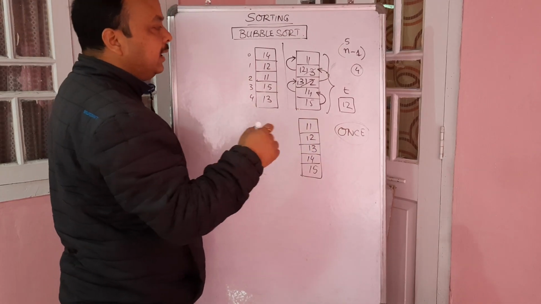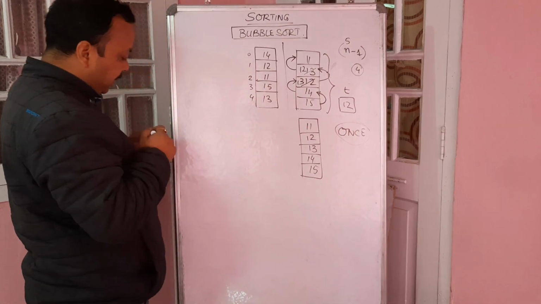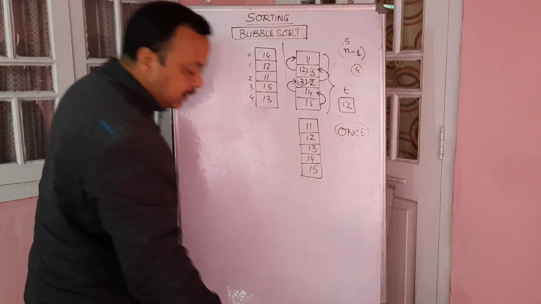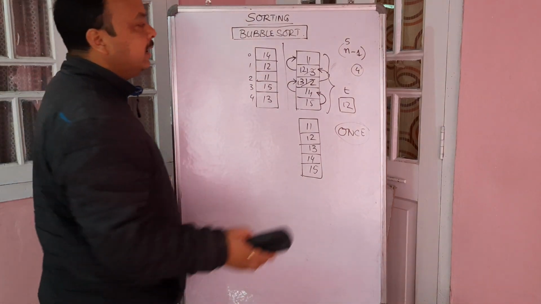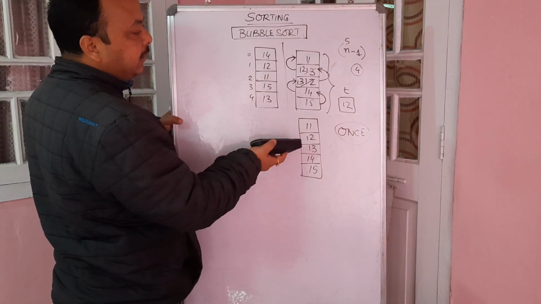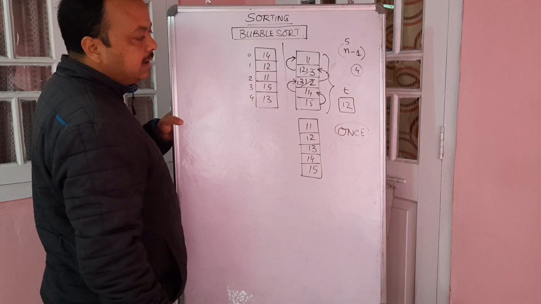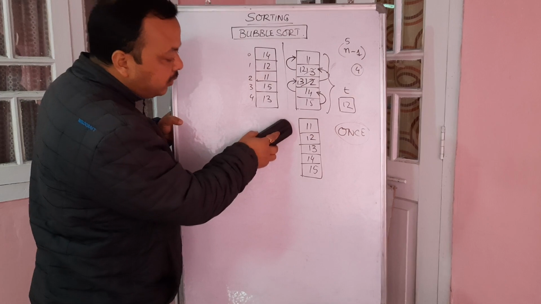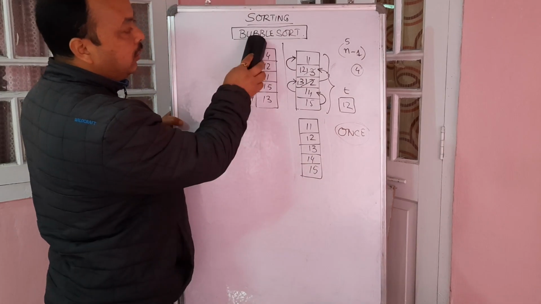So why unnecessarily run the remaining passes? The bubble sort technique tells us that you don't need to run them. If you have been able to successfully rearrange it in one pass, then we will just check one more time whether everything is in order, and we will declare that this array is sorted according to bubble sort.